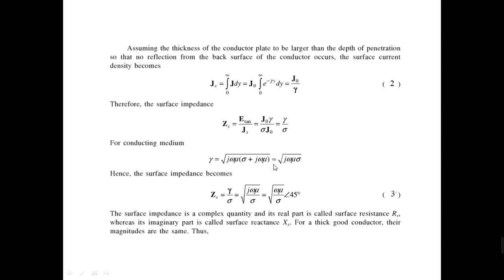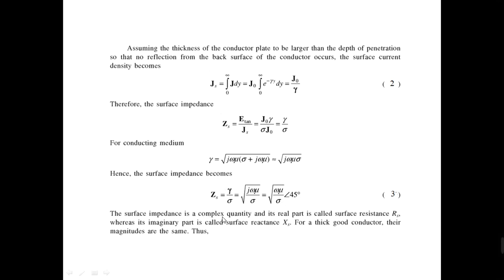For the conducting medium, it is approximated to root of j omega mu sigma. So the surface impedance of the conductor becomes root of j omega mu by sigma, where root of j is replaced by an angle of 45 degrees. So the surface impedance will be equal to root of omega mu by sigma at an angle of 45 degrees, for the conducting medium.